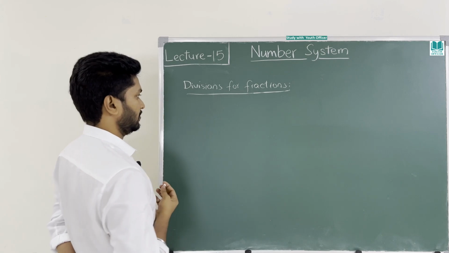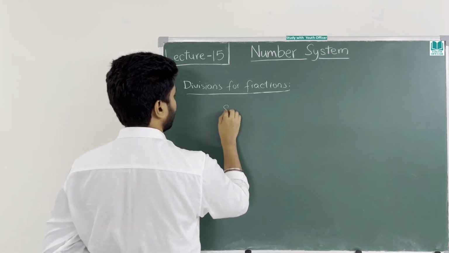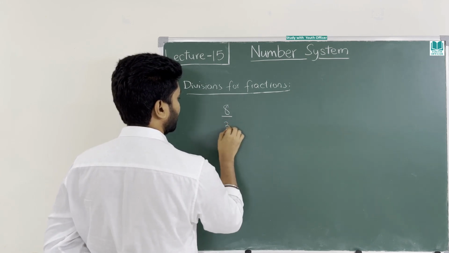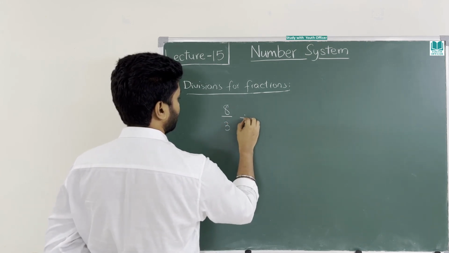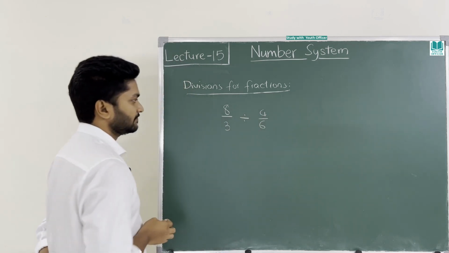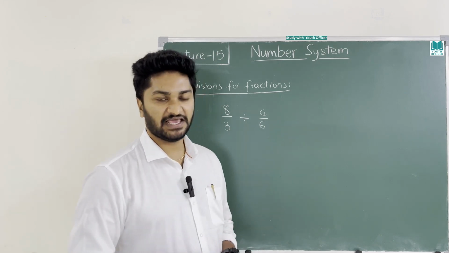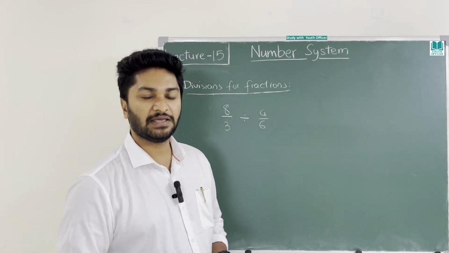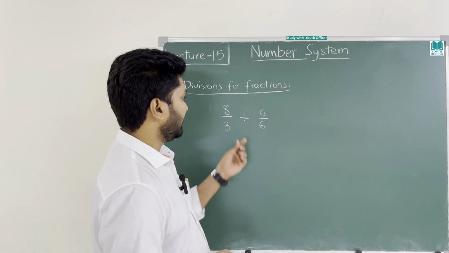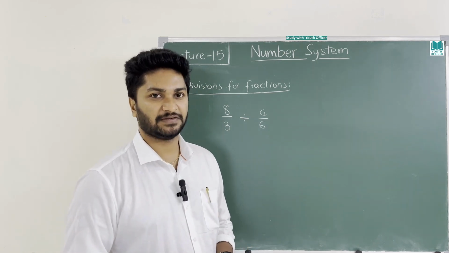First of all, you take some fractions, any fractions. Let us take 8 by 3 divided by some 4 by 6. If you have any fractions, divisions like this, how do you convert them into multiplication? First of all, any division, we have to convert them into a multiplication.